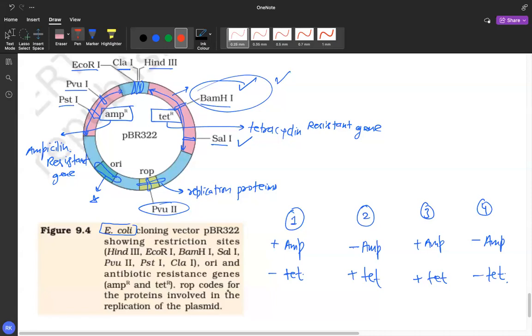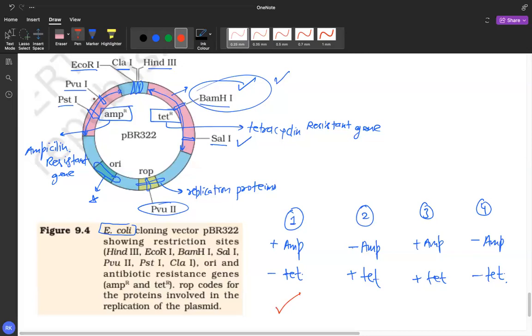So if TET is not present and ampicillin is present, the bacteria will survive because ampicillin resistance is still there. And this will tell us that the vector is inside and our plasmid is functional. But because we have not put tetracycline, it still does not tell us whether the recombination has happened properly or not.